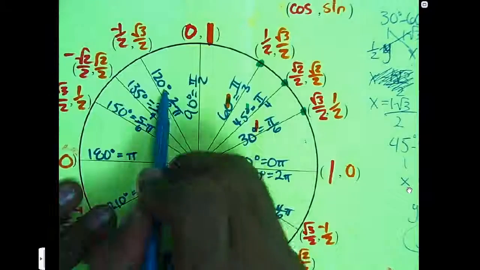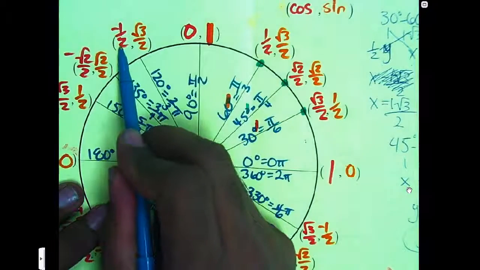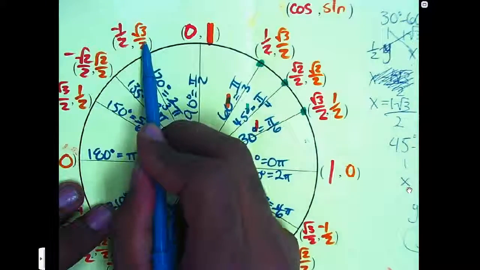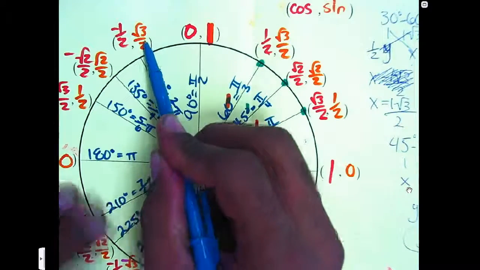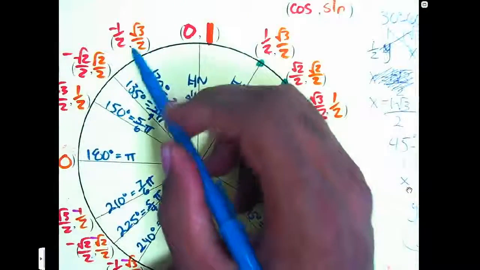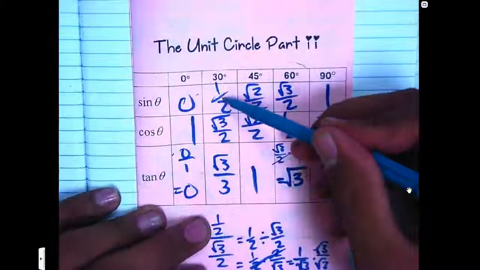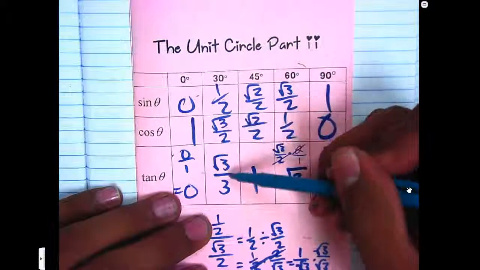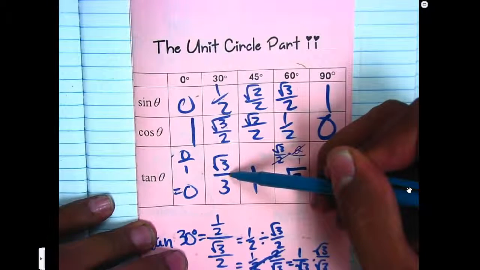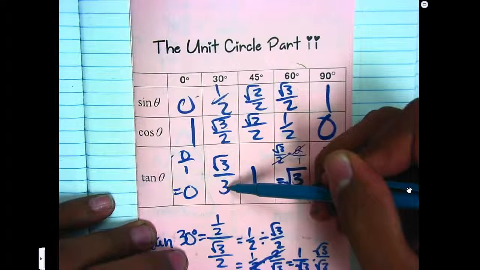And it's going to be the cosine, which is our x, over our sine, rad 3 over 2. Well, if you guys look back at our table, we've already done that. We did 1/2 divided by rad 3 over 2. And that ended up being rad 3 over 3.